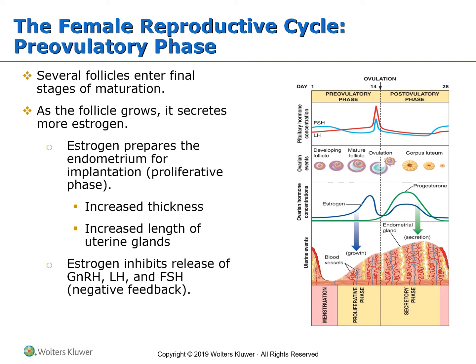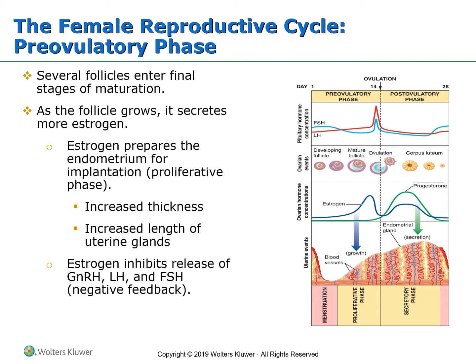Also, during this cycle, the estrogen will have a negative feedback effect on the release of gonadotropin releasing hormones, and also on FSH and LH. However, the moment that the estrogen reaches its highest level, contrary to what you might think, it will stimulate the production of both gonadotropin releasing hormones and LH, and that is called a surge of LH.